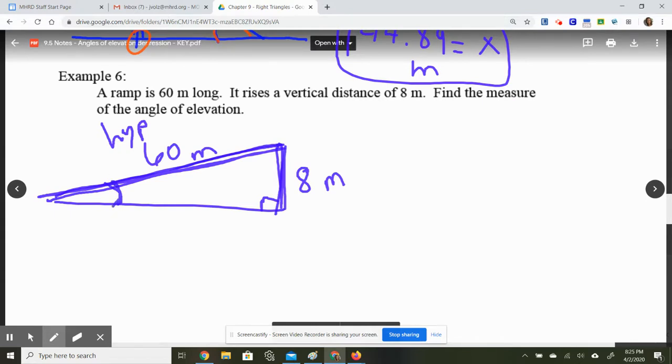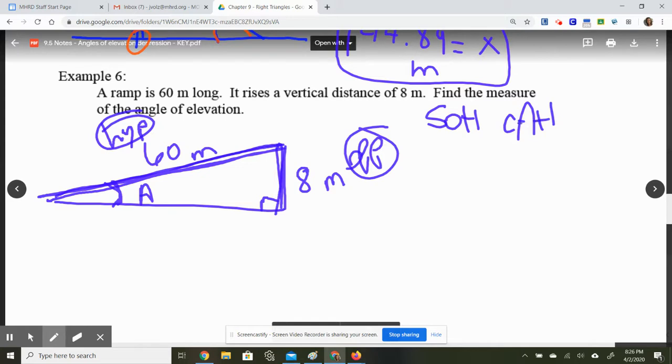So we're going to put A for angle. We don't know the angle, but the two parts we do know are opposite and hypotenuse. Which trig function puts together opposite and hypotenuse? By now you're going to get sick of this, but I'm going to just write it out again. SOH CAH TOA.